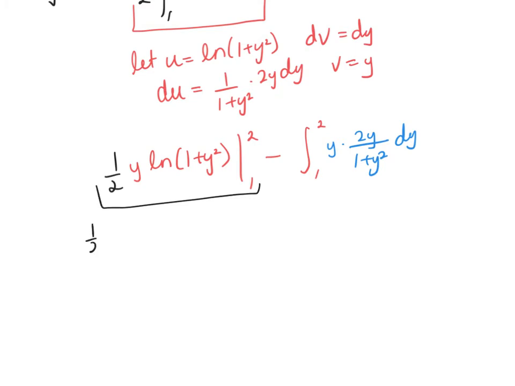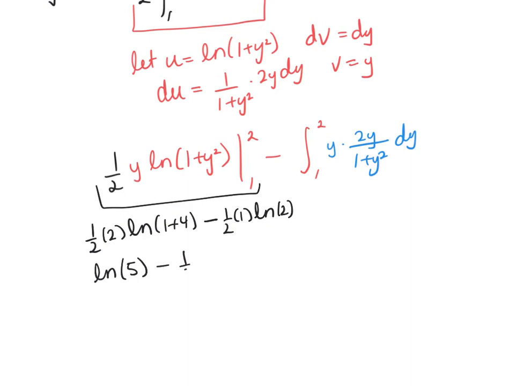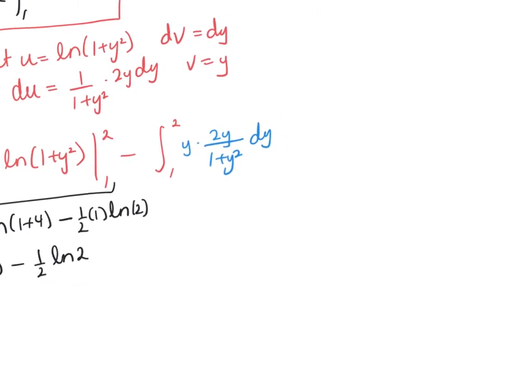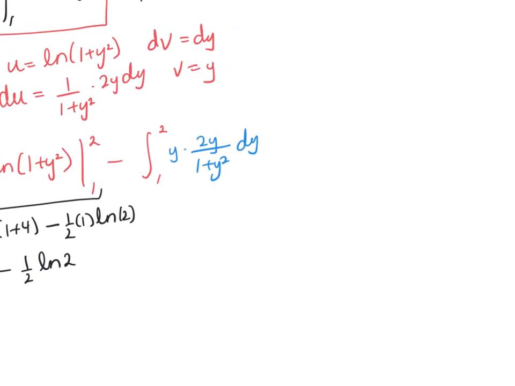So I have 1/2 multiplied by 2, the natural log of 1 plus 4, minus 1/2 multiplied by 1, the natural log of 2. So I have the natural log of 5 minus 1/2 the natural log of 2. Okay, so that's that part. Now I'm going to have to do something with this. As I take a look at this, this is going to be negative the integral from 1 to 2 of 2y squared over 1 plus y squared dy.